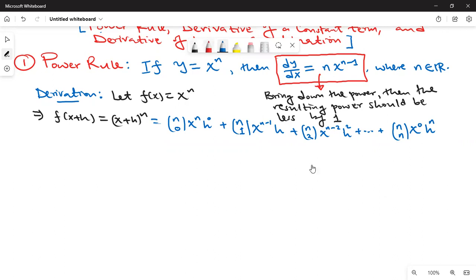How do we define combination? Take note that n combination r is defined as n factorial over n minus r factorial times r factorial. This is r. So that is what we mean by n combination r.